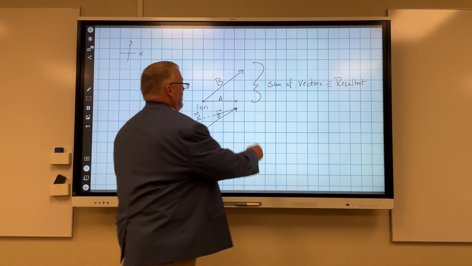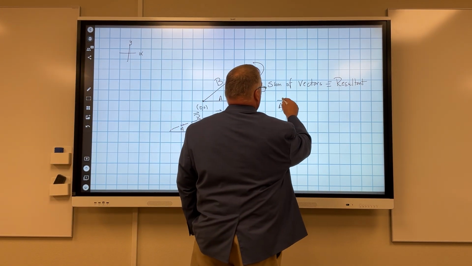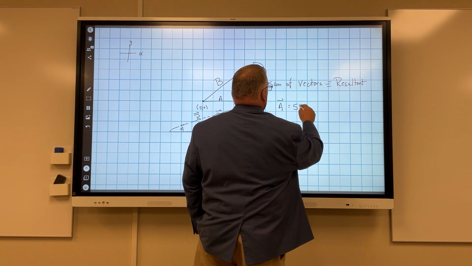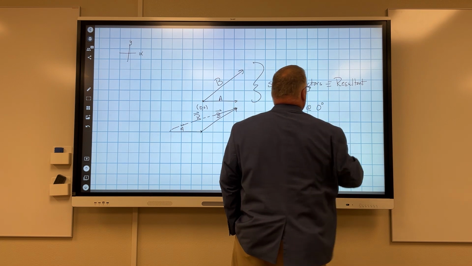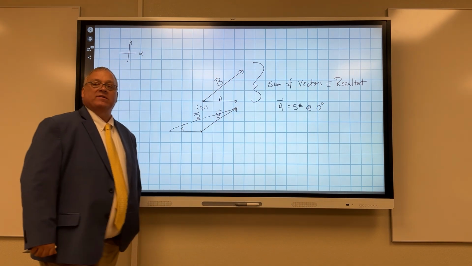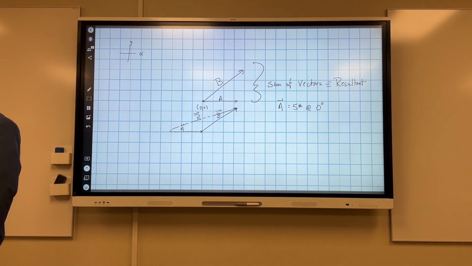Let's say that vector A is 5 pounds of force, and we're going to go with what we decided earlier. It's at 0 degrees, which means it's along the x-axis.